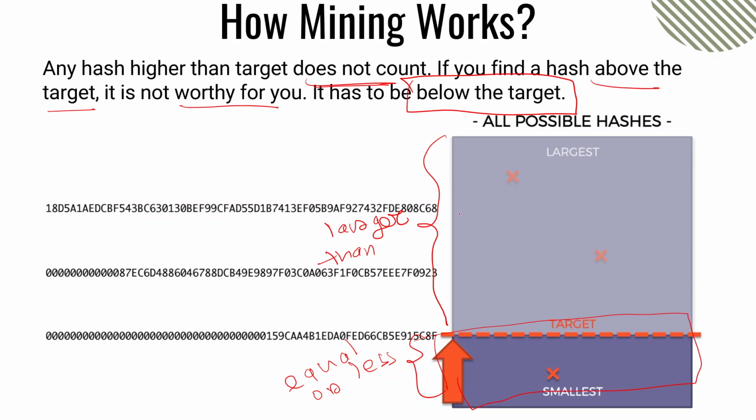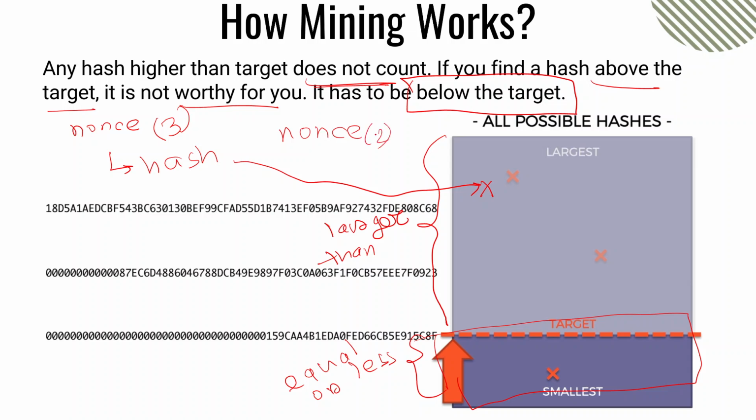Let's think he has selected a nonce value, assume it is equal to 3, and he has generated a hash value from this nonce. And if this hash value is like here, then this mining won't work. He has not computed it below the target. But let's think nonce is equal to 2.